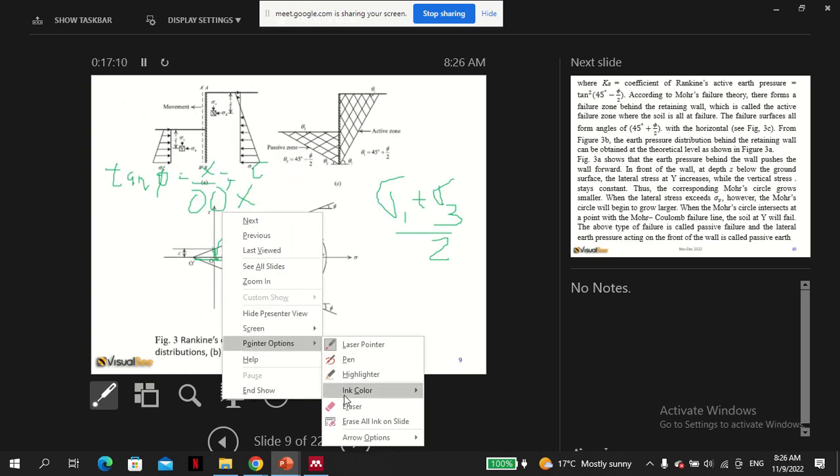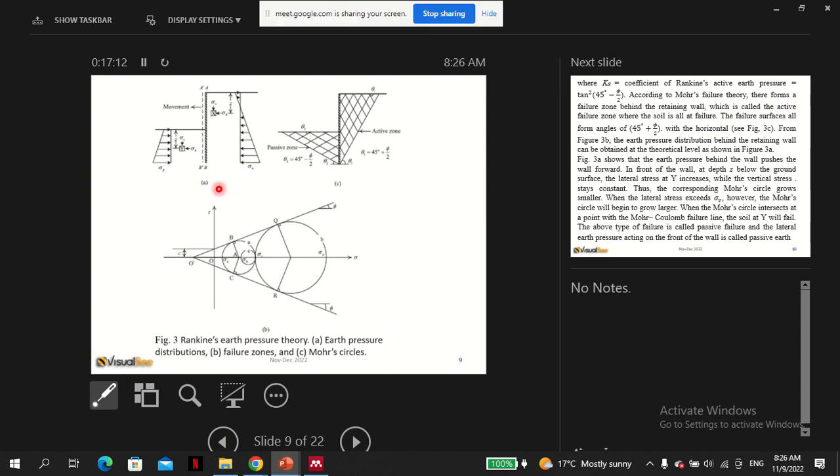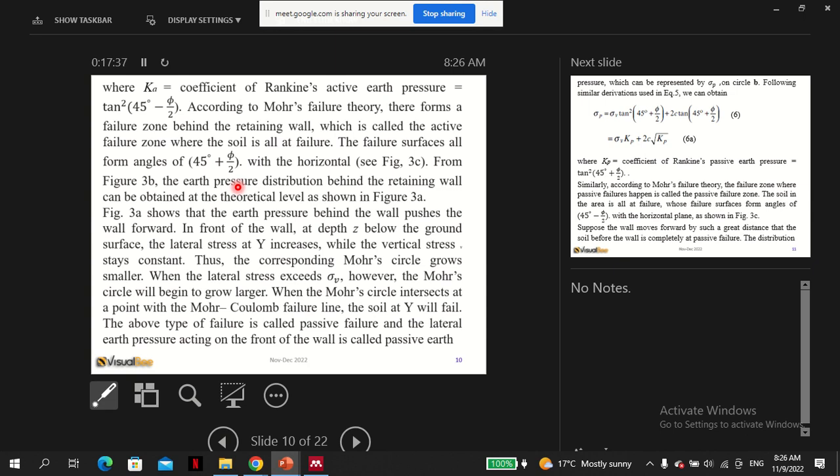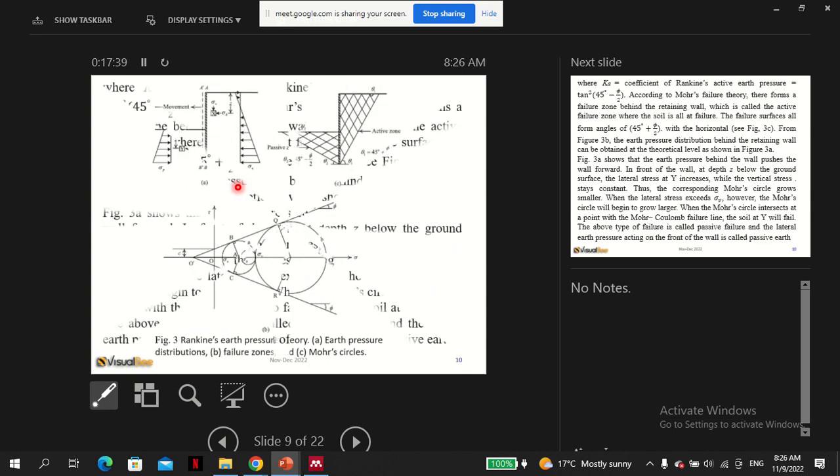So this is the basis of all this derivation, and you can see this angle showing up. On the active side the failure angle theta is 45 plus phi over 2, and on the passive side it is 45 minus phi over 2. Those angles are important.